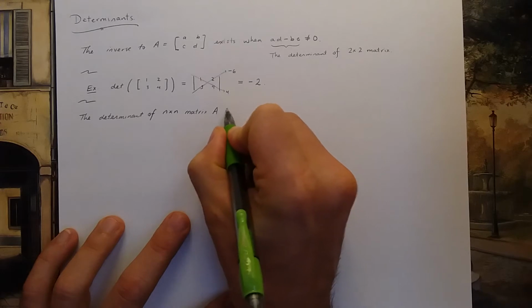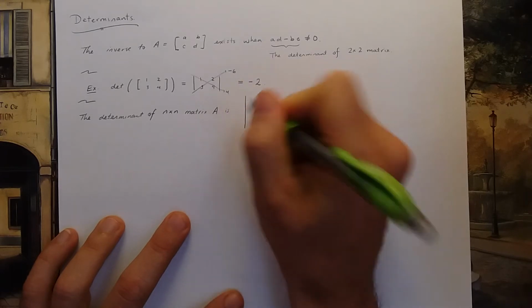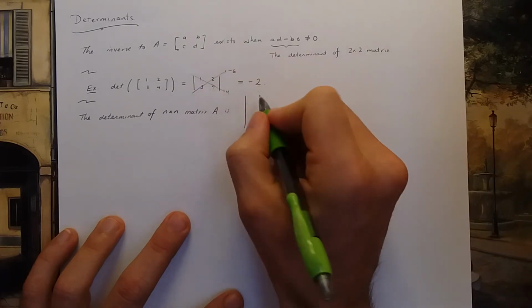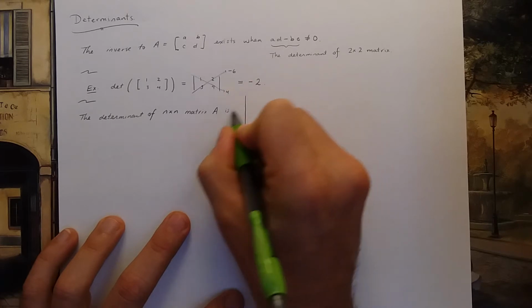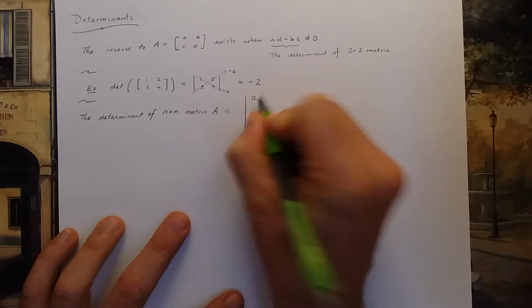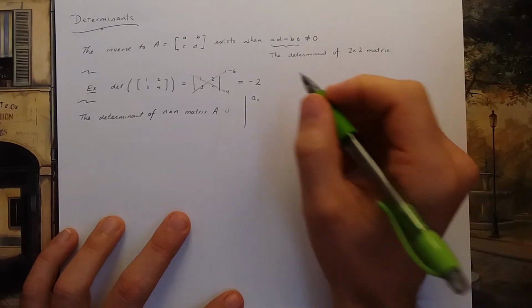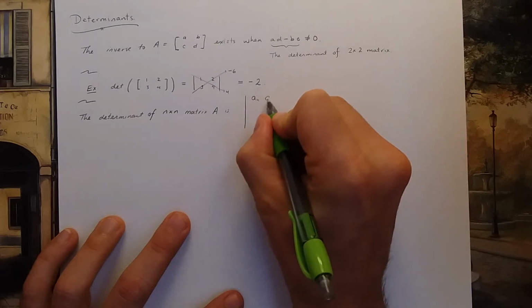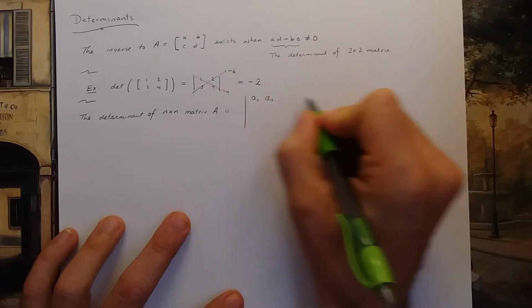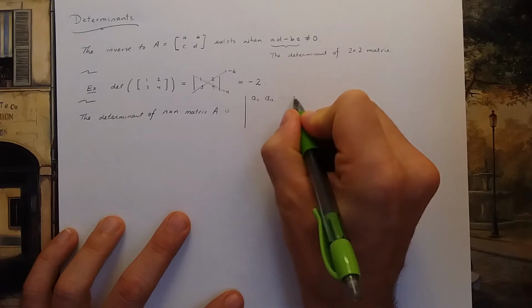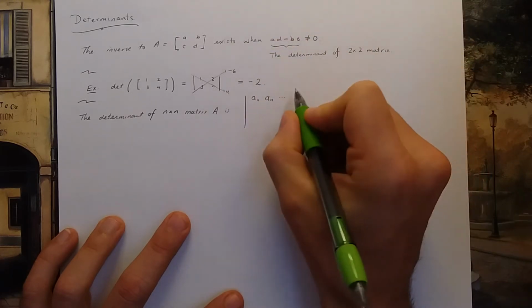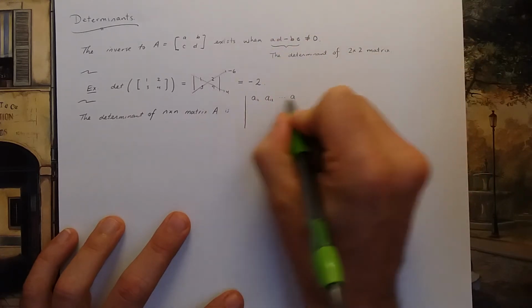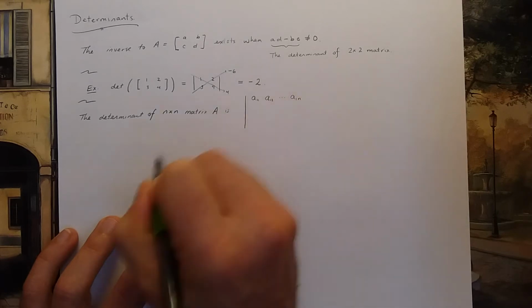You could write straight lines to indicate you're taking a determinant. Let's say the first entry is A11, the next entry across the top row is A12, and I have n columns, so the last entry in the first row I'll denote by A1n.